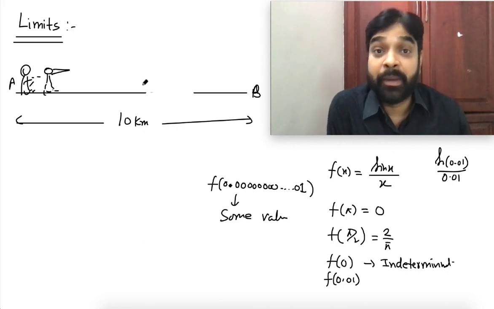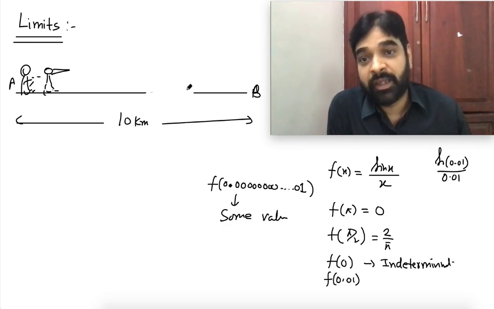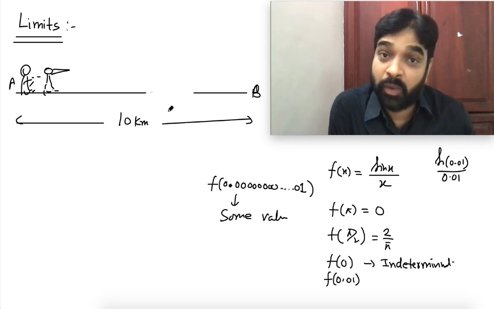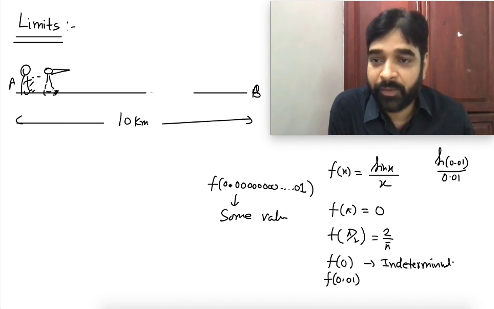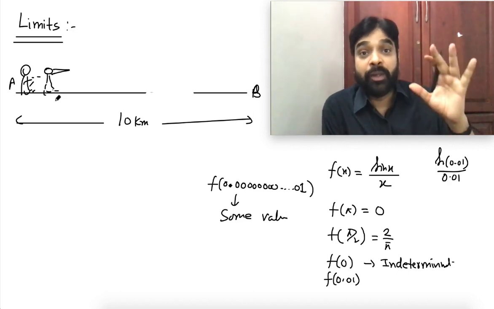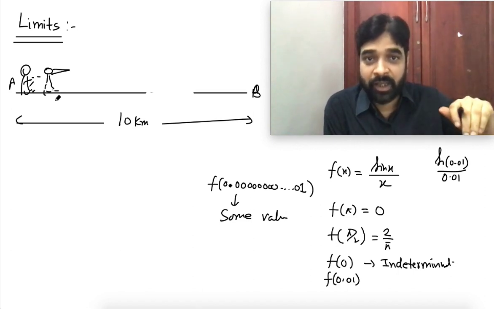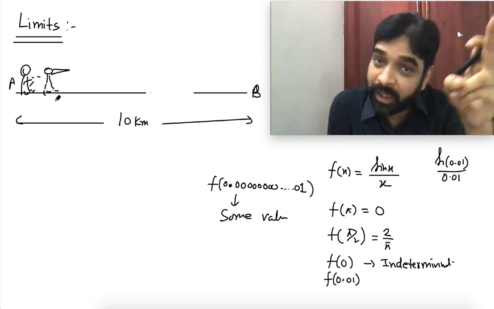Somebody said, Bhaiya, there is a hole in the road, a big hole. Nearly 1 kilometer in diameter, a hole is there on the road. So you can imagine that from a long distance you are able to see the hole.